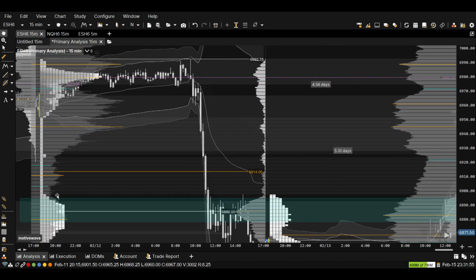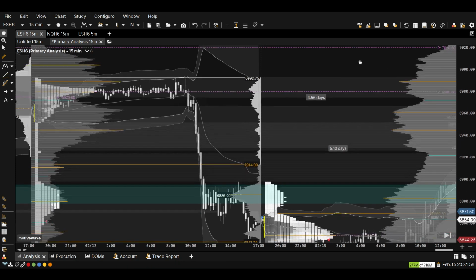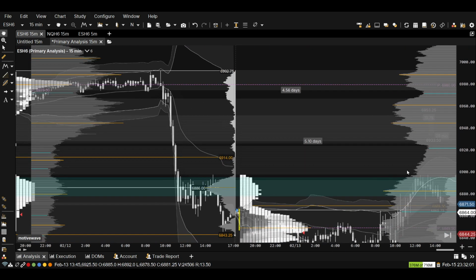Why do I want to see that? Because here we have a low volume node area in the 19 days composite volume profile and the 13 days composite volume profile. We have little volume here.